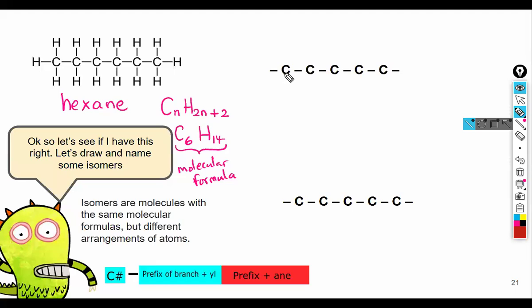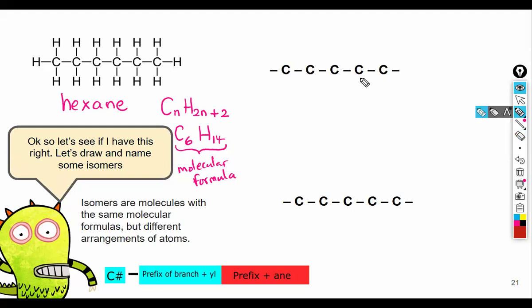I'm only going to take 5: 1, 2, 3, 4, 5. And then I'm going to put a branch here and put 1 carbon here. I obviously have 6 carbons still, right? I think everyone can agree with that.